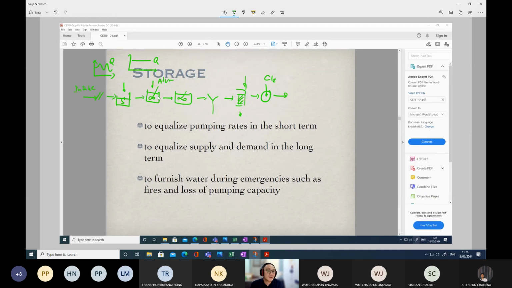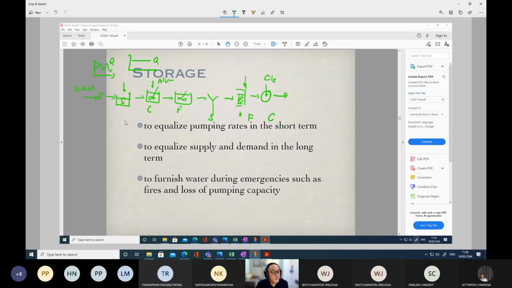So it is never constant in nature, but this process, alum coagulation followed by flocculation, sedimentation, filter, clear well, all these unit operations, we at least need constant flow rates, constant quality.